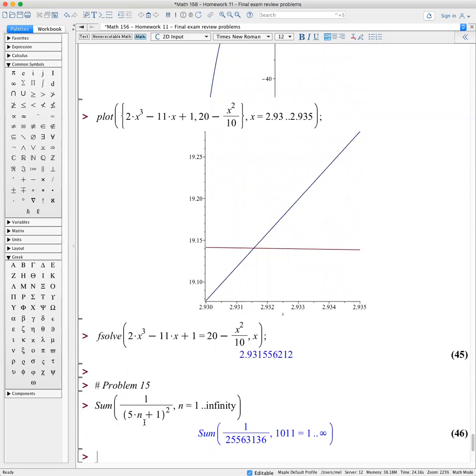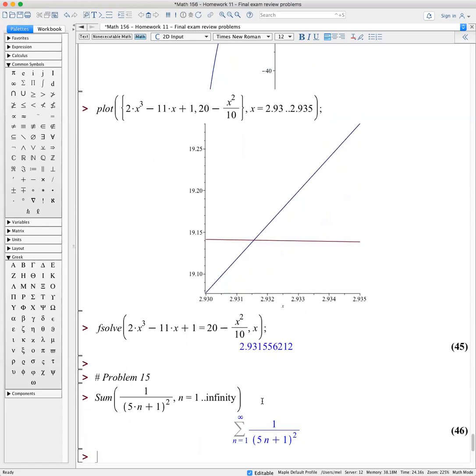Oops. What happened here? Just clear everything. Right. n might have had some previous value, so I just clicked on this arrow, there we go. And what is it equal to?